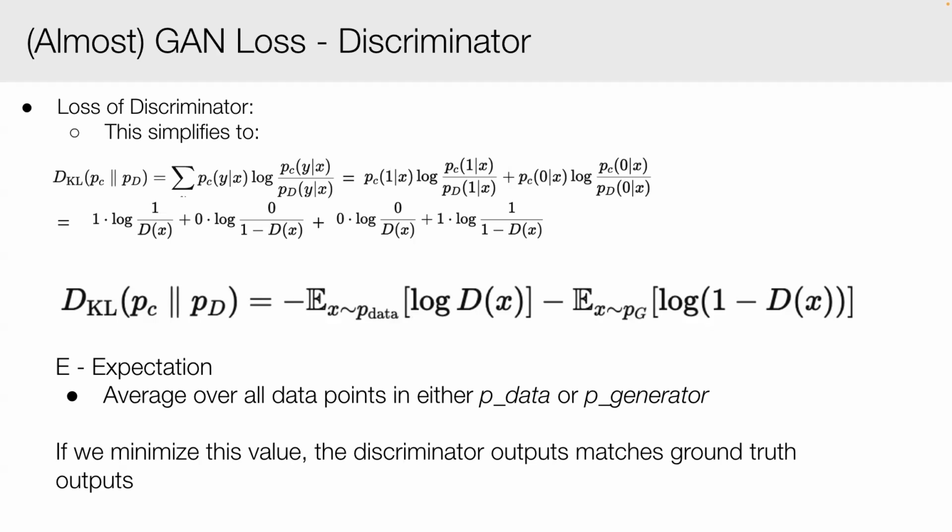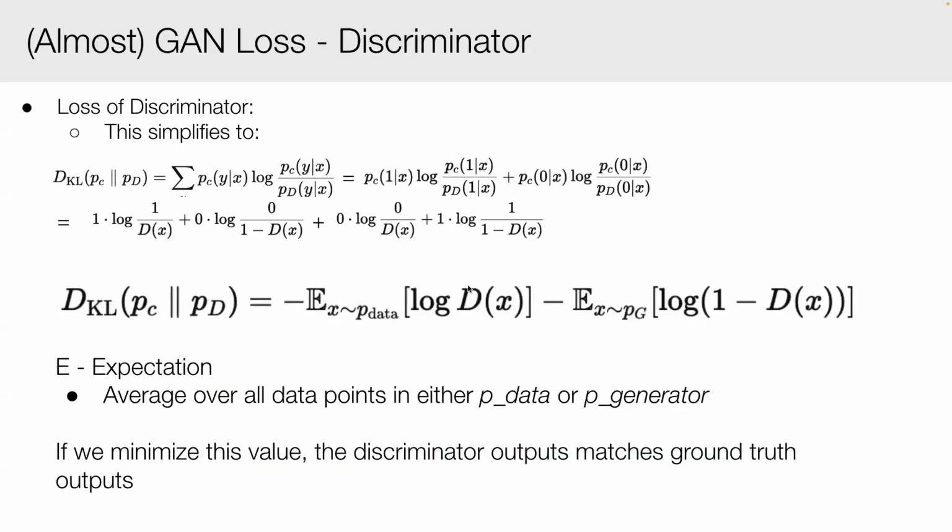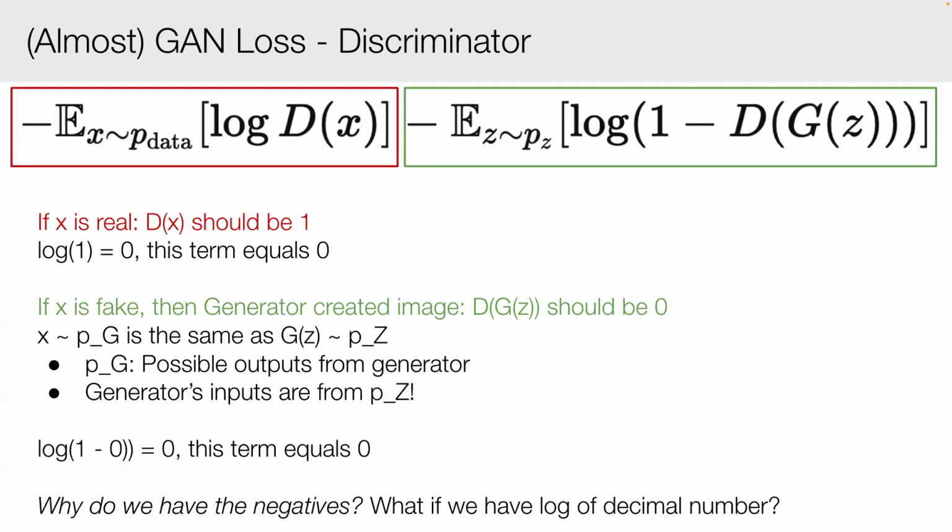So is everyone kind of clear on the intuition behind the discriminator? If we minimize this, the two distributions align with each other, and the discriminator has learned the ground truth. Okay. So I kind of just explained this. Oh yeah, just a little math thing. Why do we have the negative signs here?